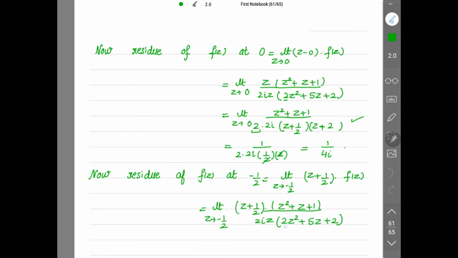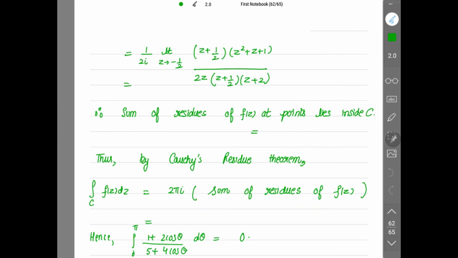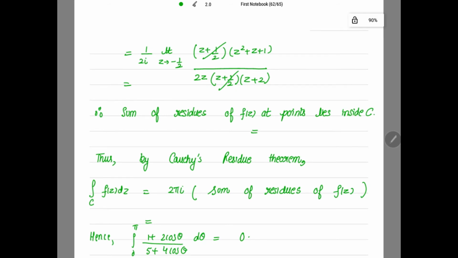This is your leading coefficient taken outside, so it becomes 2z, then z minus minus 1 by 2, that is z plus 1 by 2, and z minus minus 2 is z plus 2. So this factor is cancelled with this factor, right? Now putting the limit z equal to minus half in the numerator and also in the denominator, you will get this equal to minus 1 over 4 iota.